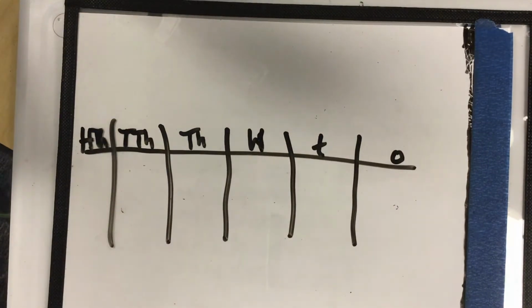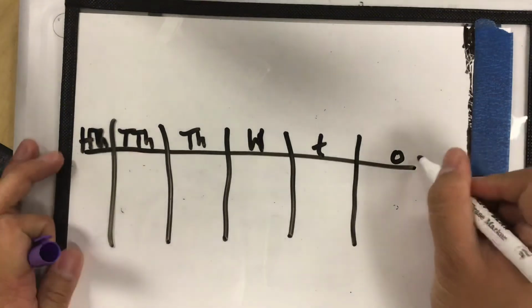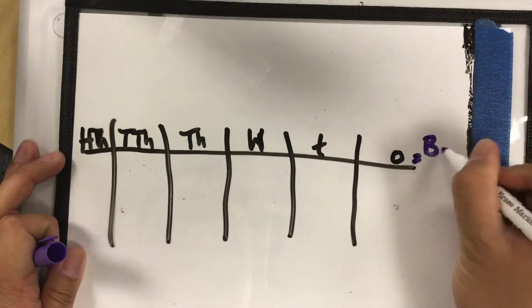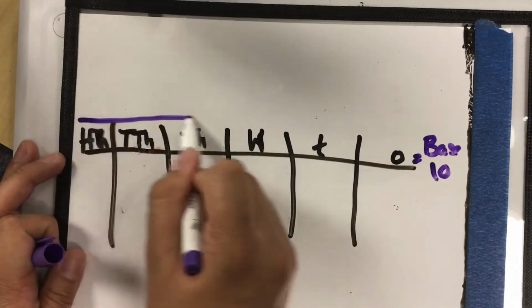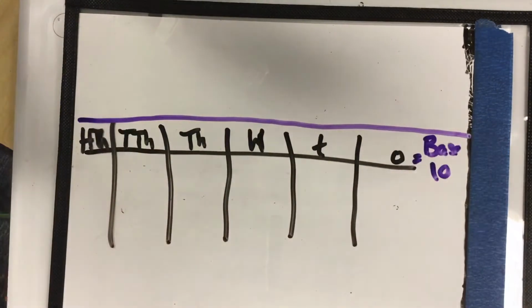Now what we have here that we've been using are, I'll say purple base 10, okay? Everything below this purple line are base 10 units.